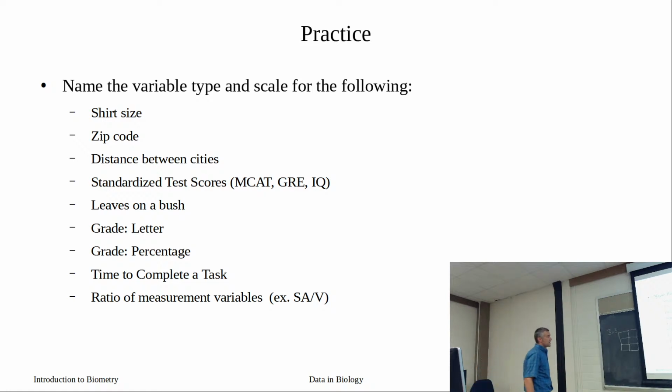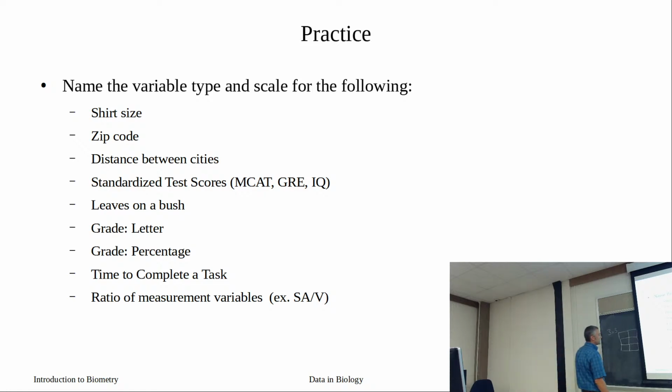So this is up here to demonstrate that grade can be either qualitative or quantitative. Same thing could be hair color. Although we typically say hair color is a qualitative trait, if we change color to wavelength of light, we've now changed it to a quantitative variable.